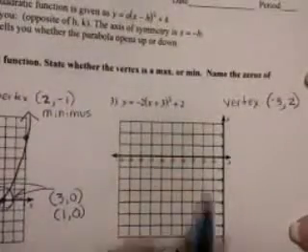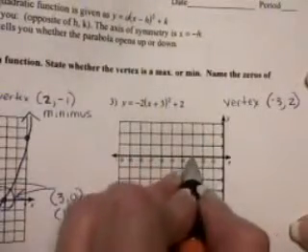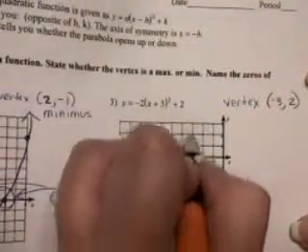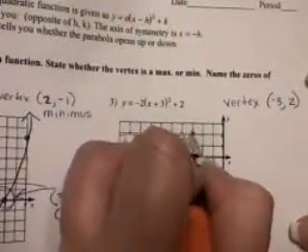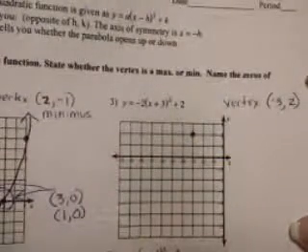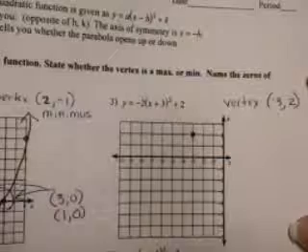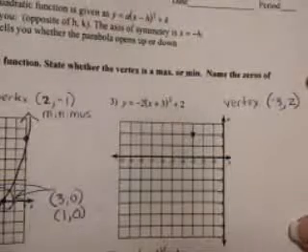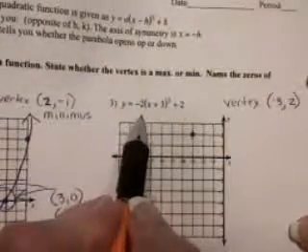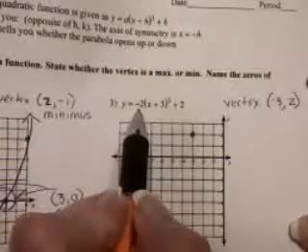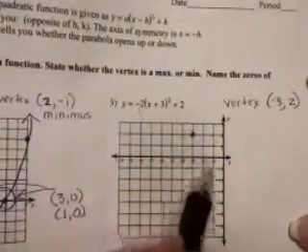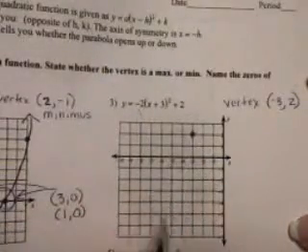So my vertex is at -3, 2. To continue to sketch the graph, I need to think about what A is. In this case, A is -2, which means my parabola is going to be opening down.